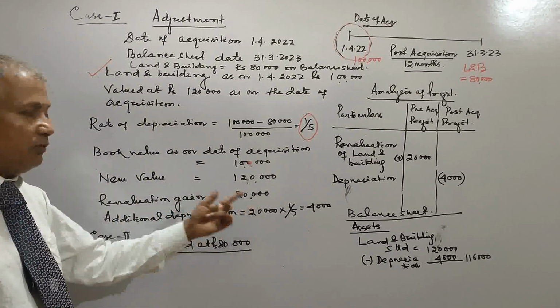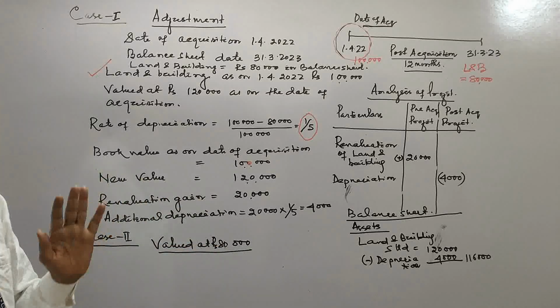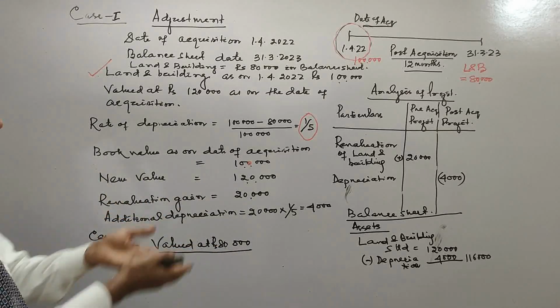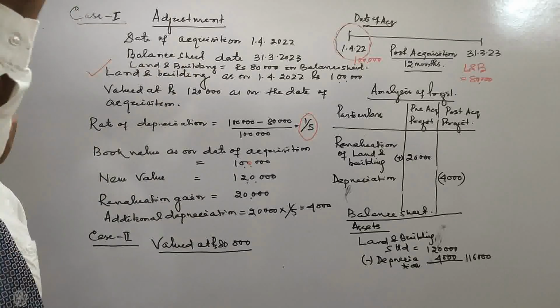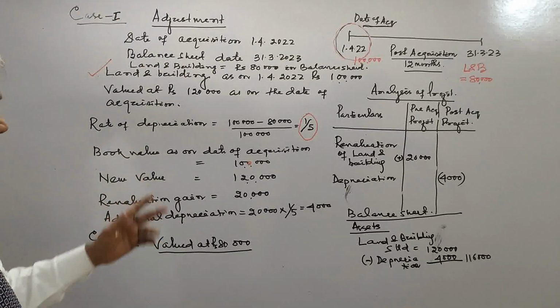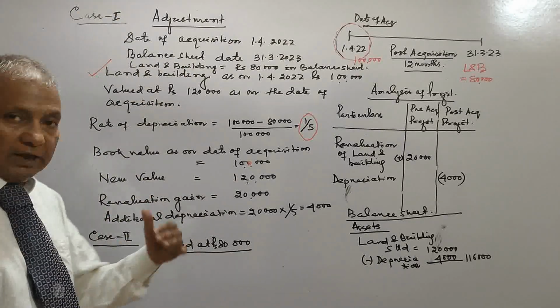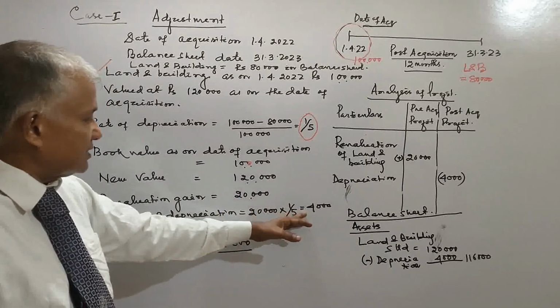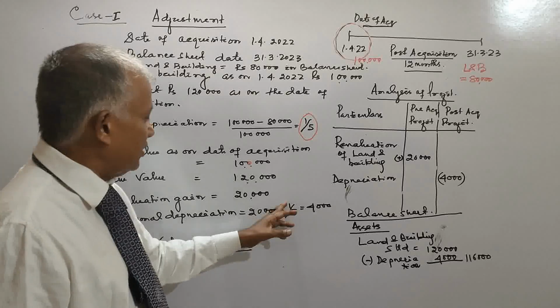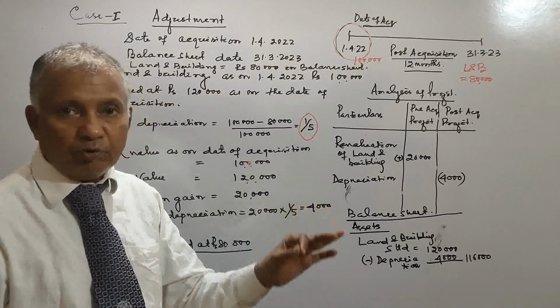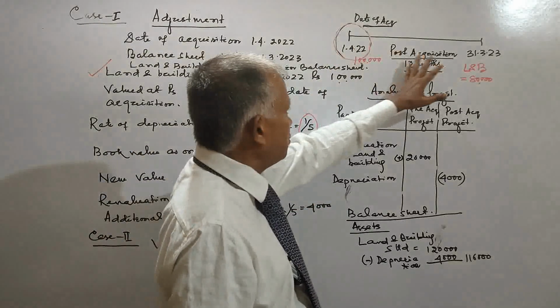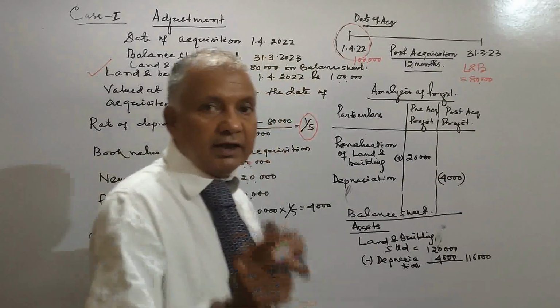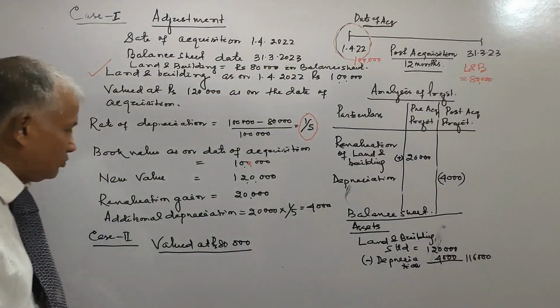Therefore, revaluation gain of land and building, that means the value of land and building will increase by 20,000. So if the value will increase, additional depreciation will be 20,000 into 1/5, 4,000, because the post acquisition period is 1 year or 12 months.